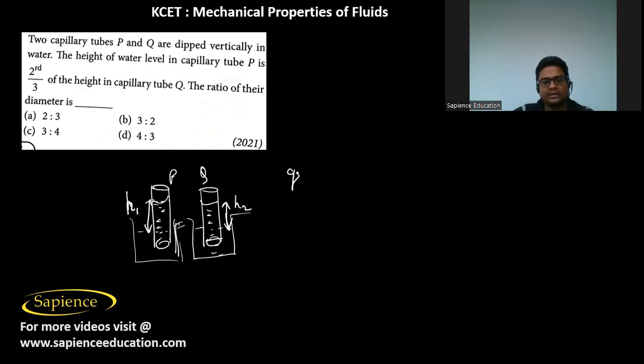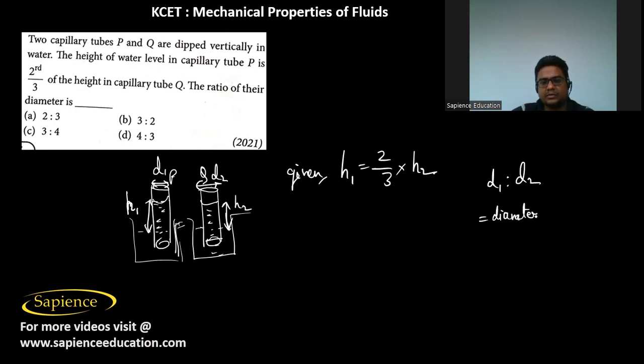Then it is given that H1 equals 2 by 3 H2. Then the ratio of their diameters, D1 is to D2, the diameter of capillary tube P is to the diameter of capillary tube Q.